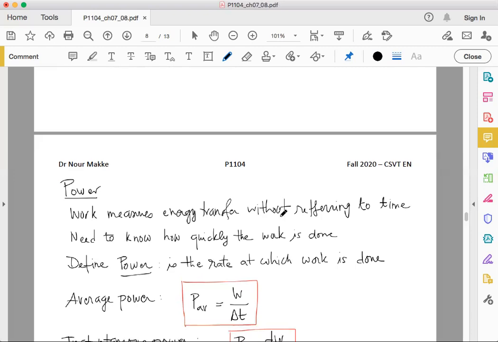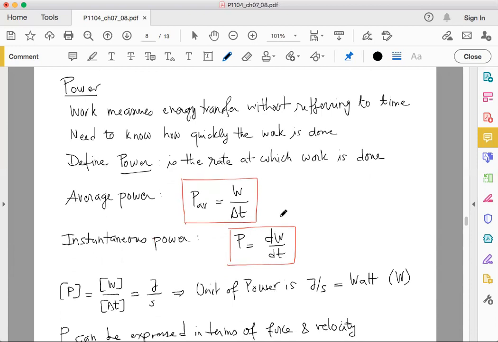Now we can define two particular variables. As we saw before, we can define an average power and an instantaneous power, just like we talked before about average velocity and average acceleration, or instantaneous velocity and instantaneous acceleration. For power too we can talk about two variables, the average and the instantaneous.